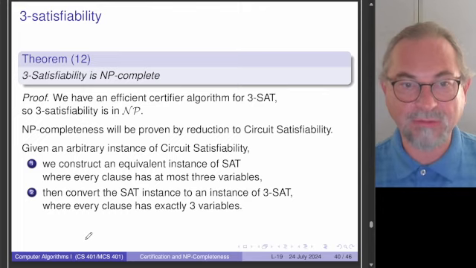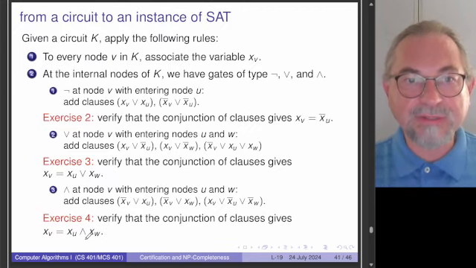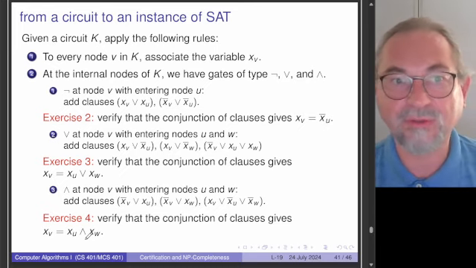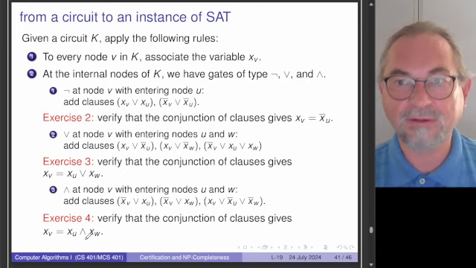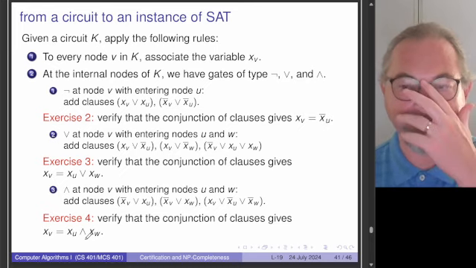So we will reconstruct this into a tree set problem. Okay, so how do we do this? How can we convert any circuit to an instance of the satisfiability problem?